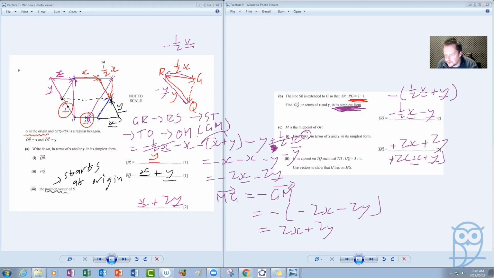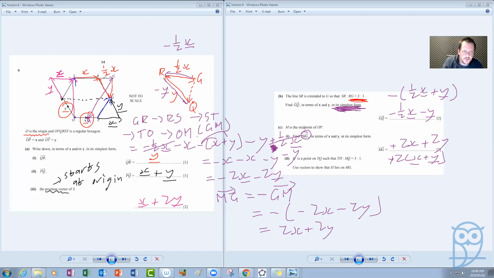So the minus 0.5 confuses you. The minus 0.5, so is that the minus 0.5 you're looking at? That one. All right.